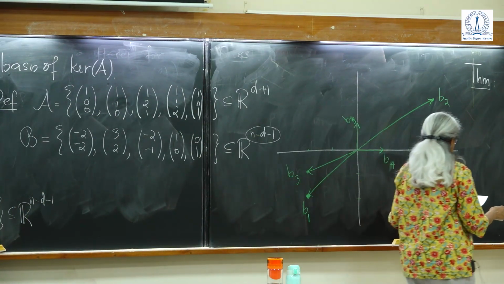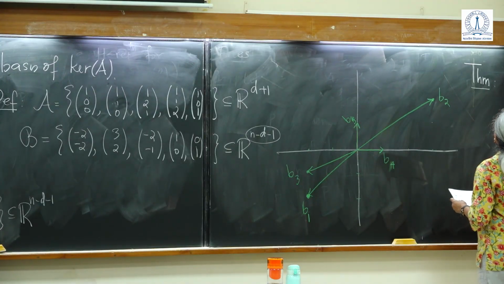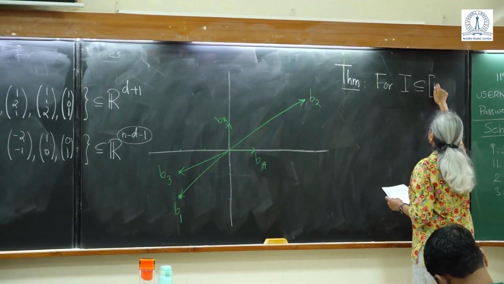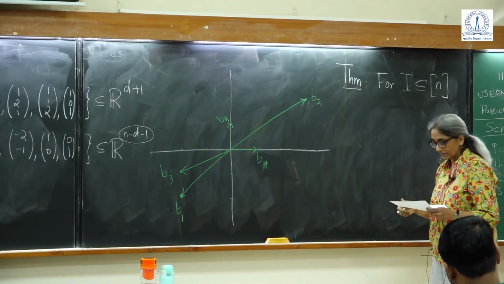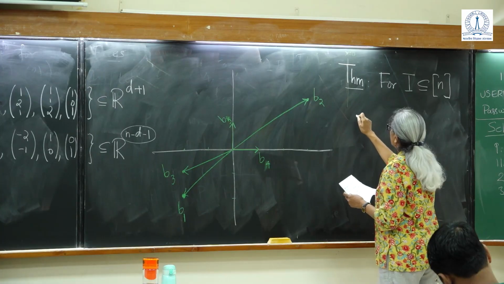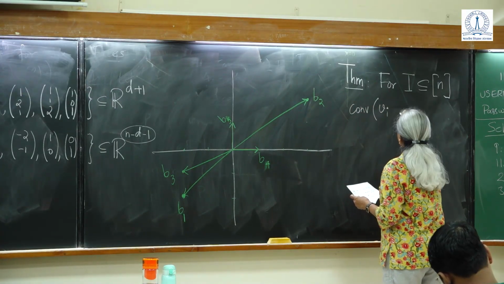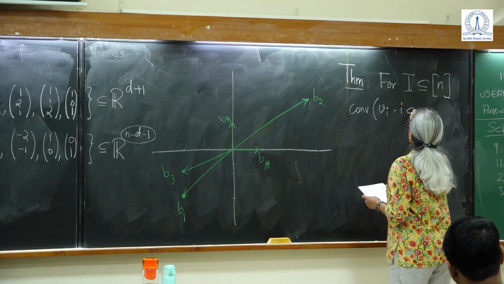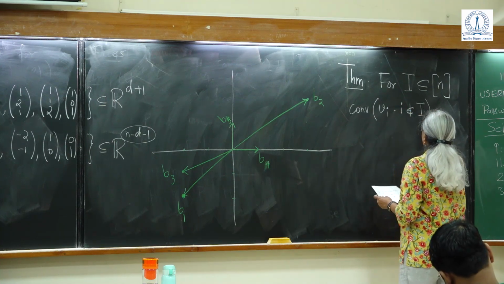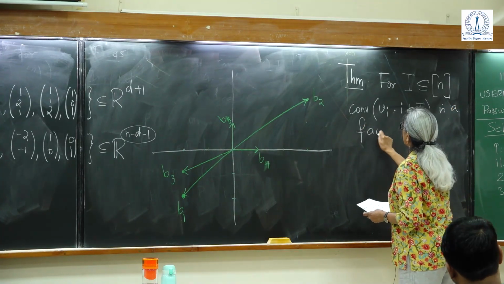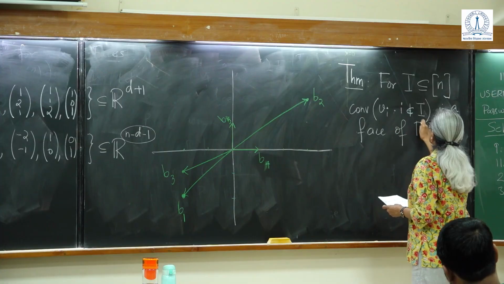The theorem says that, let's pick a subset I inside 1 through n. This is the number of vertices in the polytope. The convex hull of Vi for i not in big I is a face. So it's going to identify faces for you.